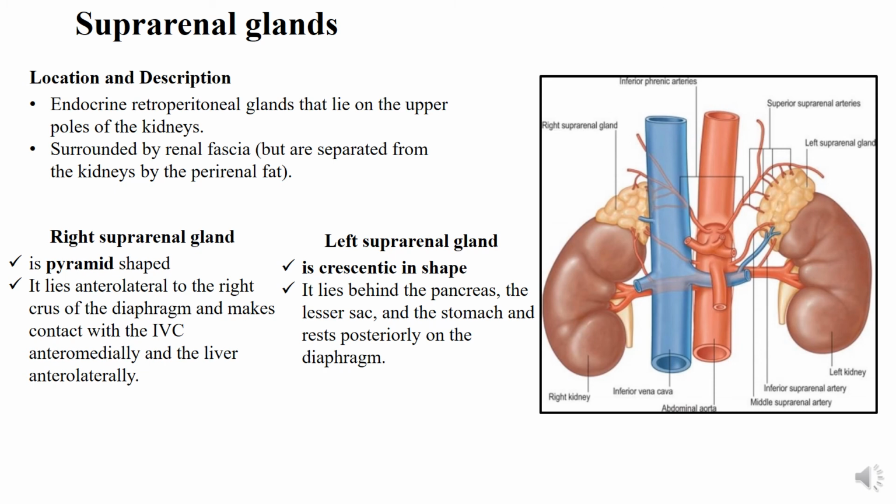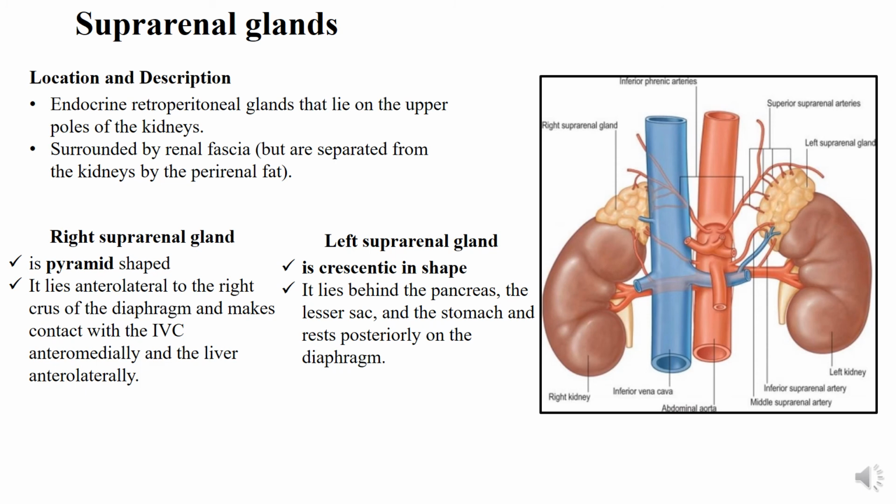The renal fascia is very important here because it attaches these glands to the crura of the diaphragm. Although the name suprarenal indicates that these glands are related to the kidney, the major attachment of this gland is to the diaphragmatic crura.